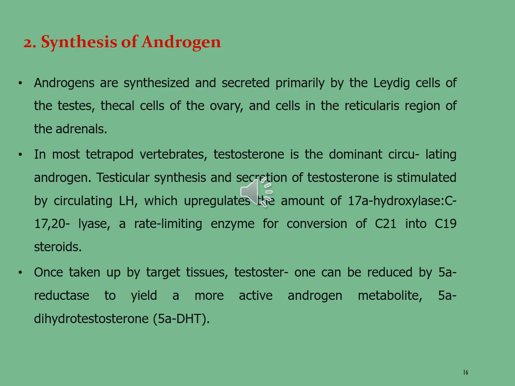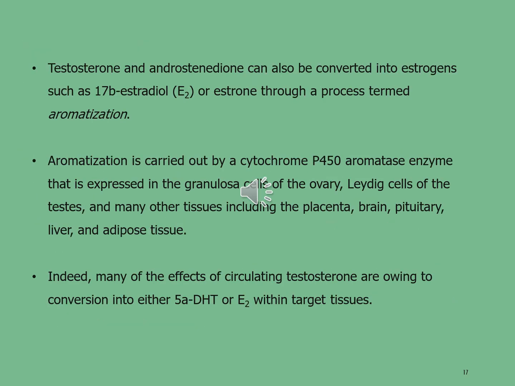Once taken up by target tissues, testosterone can be reduced by 5-alpha reductase to yield a more active androgenic metabolite, 5-alpha dihydrotestosterone, generally represented as 5-alpha DHT. Testosterone and androstenedione can also be converted into estrogens, such as 17-beta estradiol, that is E2, or estrone, through a process termed aromatization.